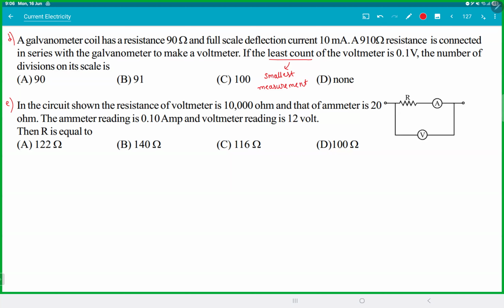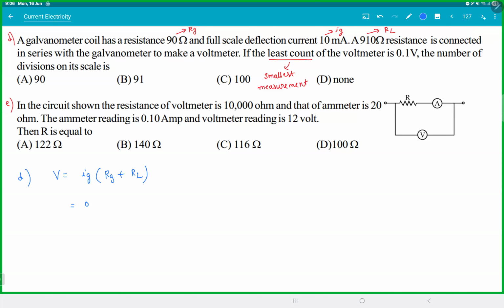So what to D? A galvanometer has a coil of resistance 90 ohms. So this is RG. Full scale deflection 10 milliampere. This is IG. 910 ohms is connected in series with the galvanometer to make a voltmeter. This is R large. So V is equal to IG into (RG plus RL).